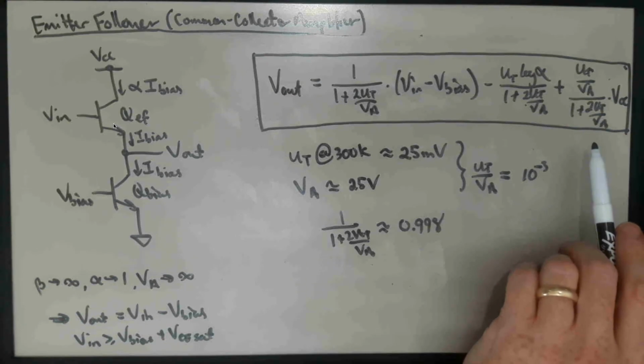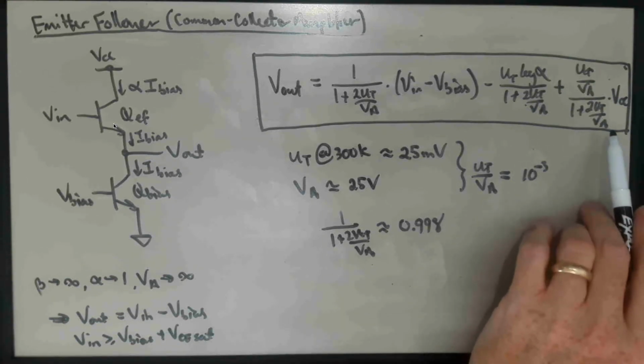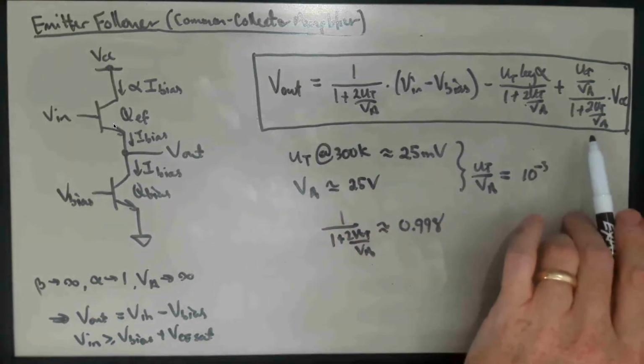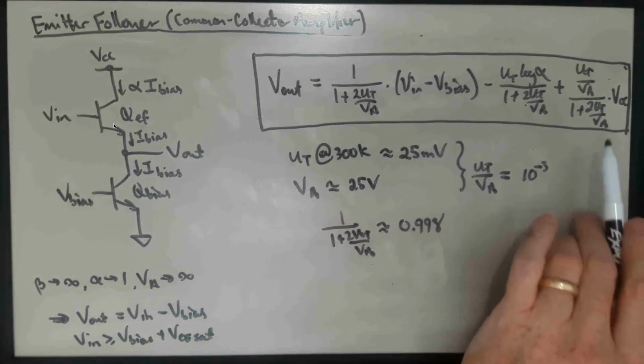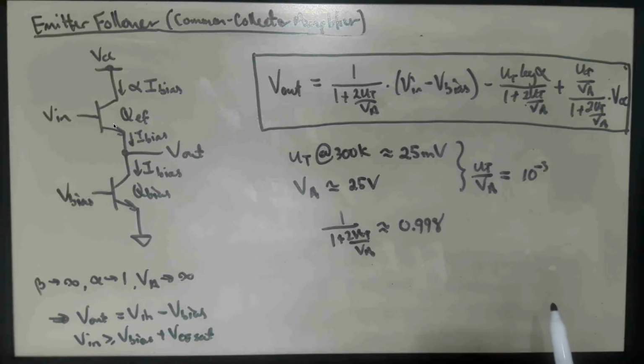And also we have this notion that we now have a power supply dependence. So now, whereas before the power supply voltage didn't come in at all, now there's a component of V out that is due to the power supply, but the gain on the power supply is going to be basically 10 to the minus 3 over 1.002, which is basically 0.000998.